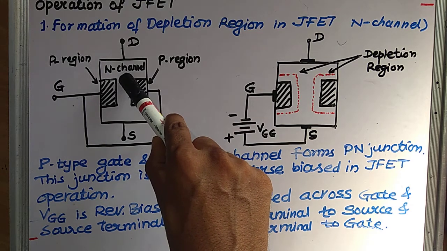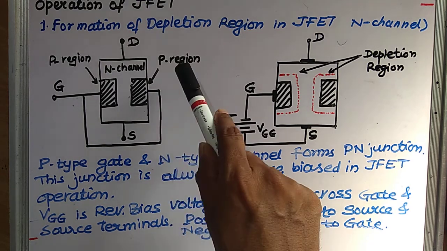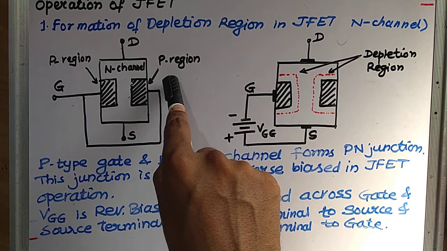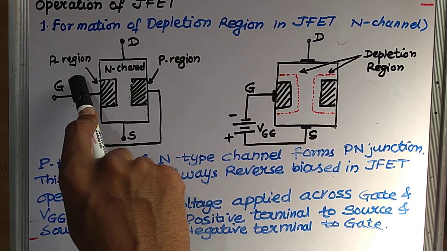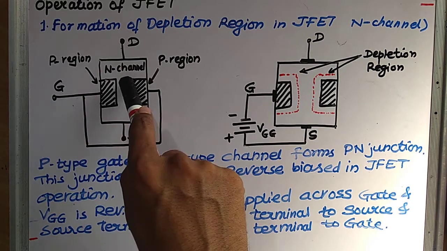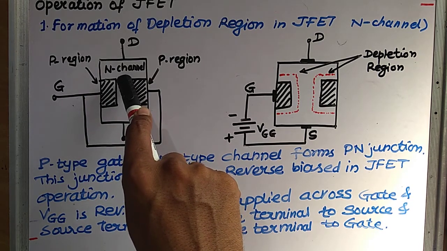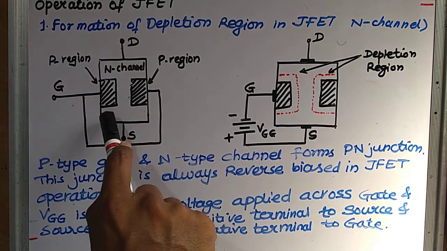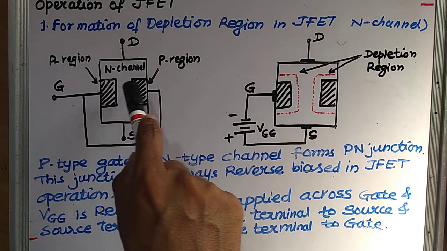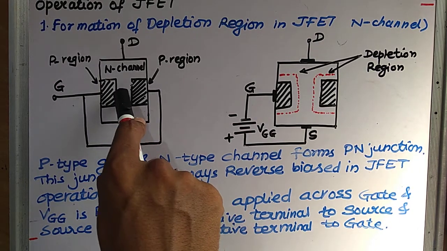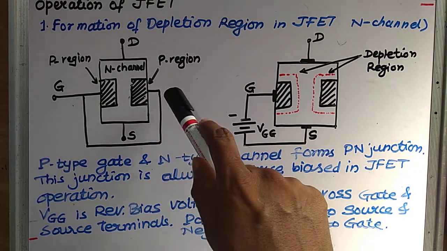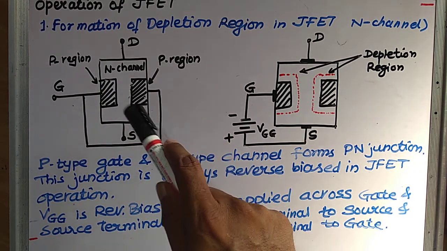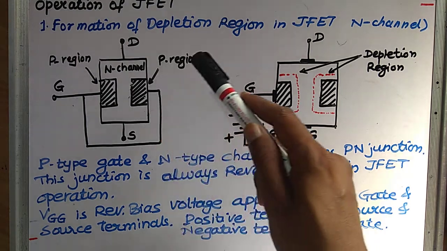So this is N-channel. Now this p-type semiconductor and this p-type semiconductor along with this N-channel are forming two p-n junctions. So this p and n, one junction, then this p and again n, second p-n junction. So there are two p-n junctions in a single JFET.